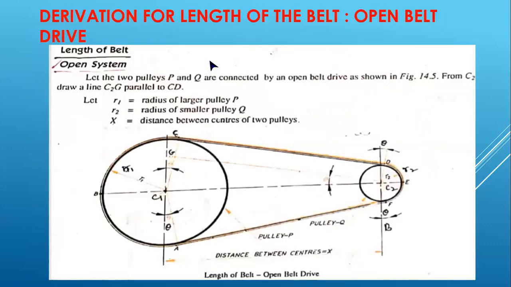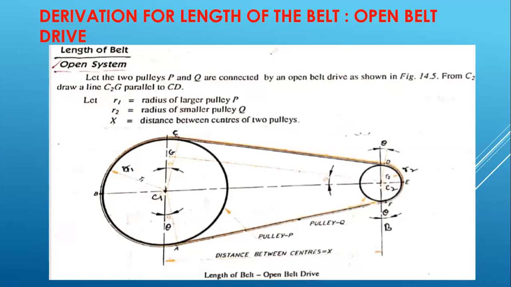Next, come to the point, very, very important. That is the length of the belt. Calculation of the length of the belt. All of you know the equation for the circumference of a circle, that is 2 pi r.